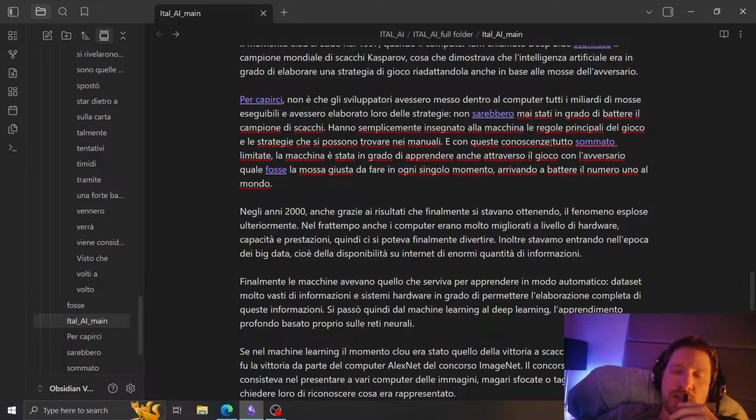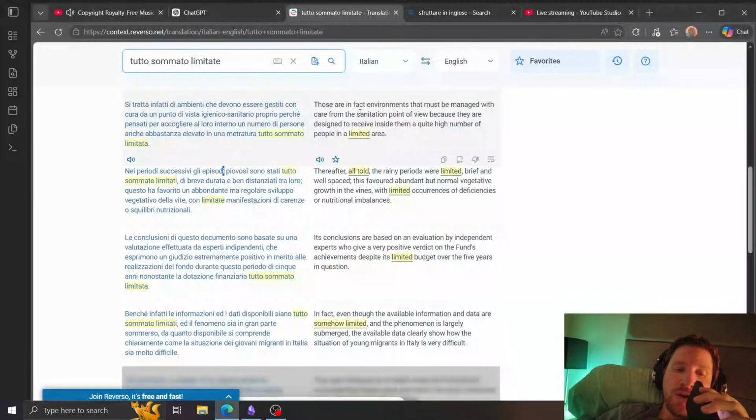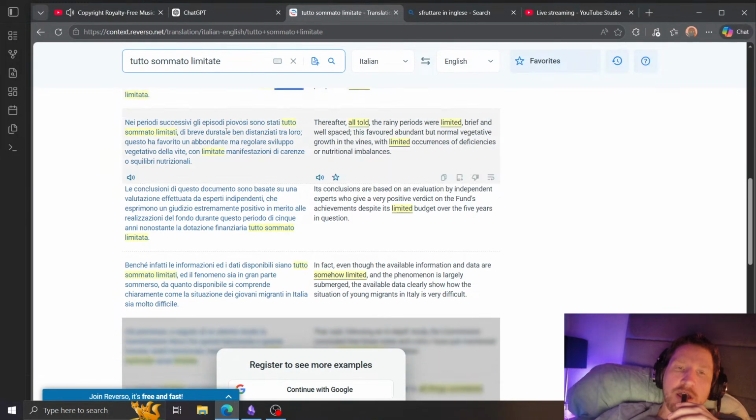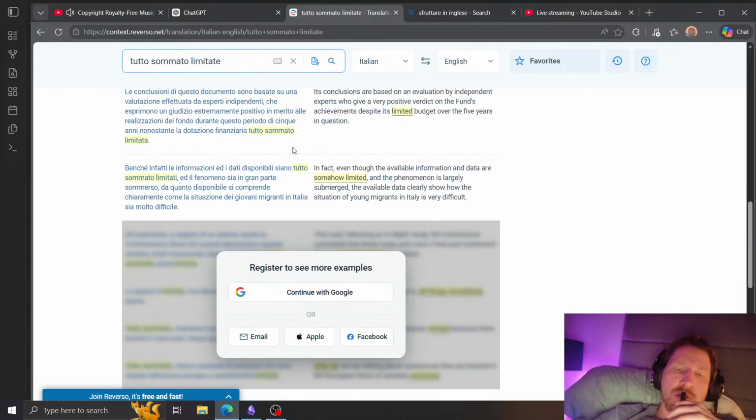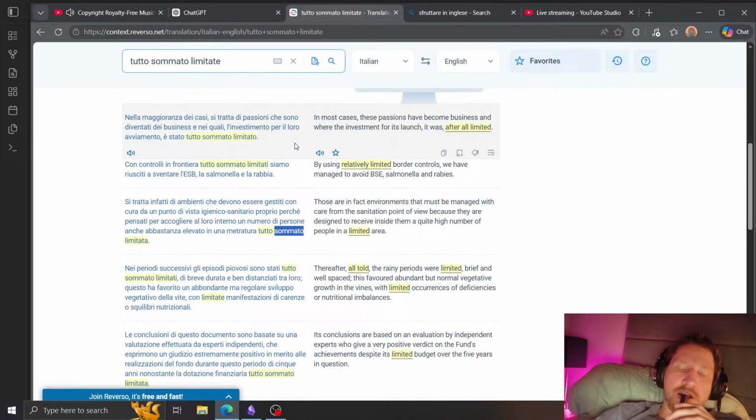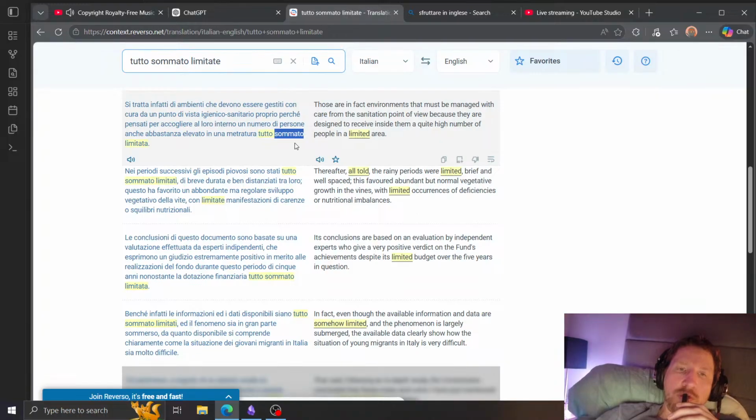So it's connected. So tutto sommato limitate, that sounds so funny in English. It has to connect to what it's talking about. It's not just an idiom by itself. But I'm still not understanding the phrase because it's everything, some limited, some. I don't get it. So can you break this down more simply to understand and give me several examples of tutto sommato, limitato, limitati, limitate, etc.?